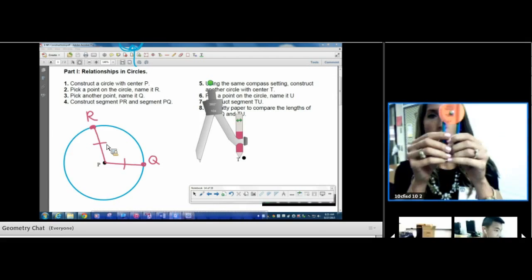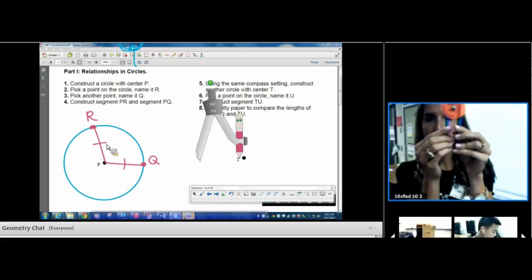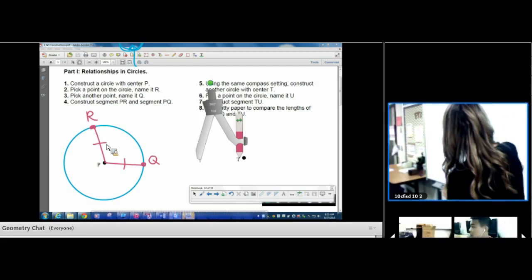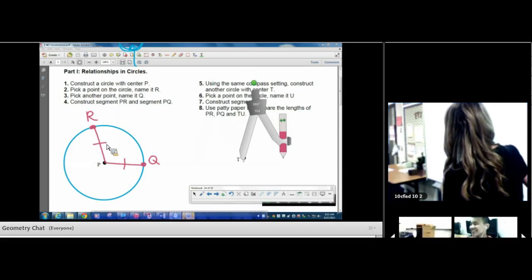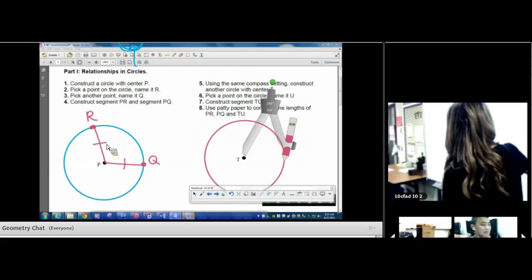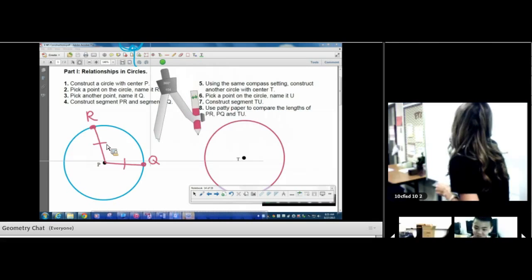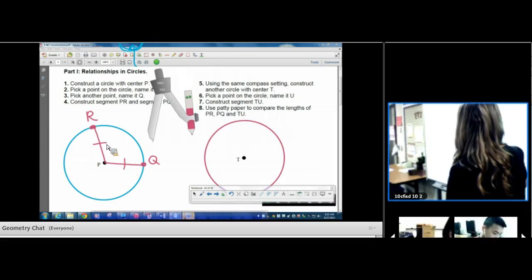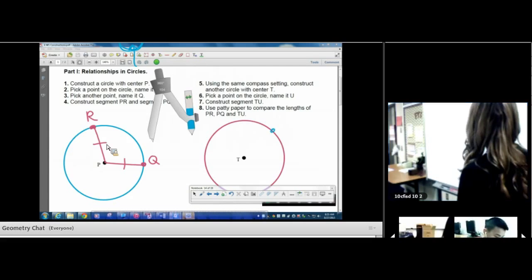Now it says to use the same compass setting. That means you don't open or close your compass. You keep it right where it was. And you come over to point T, and you construct another circle. You pick a point on it, and you call it U, and you construct TU.